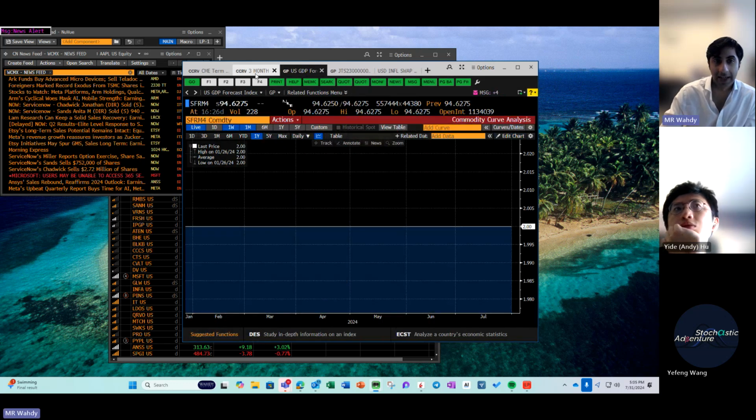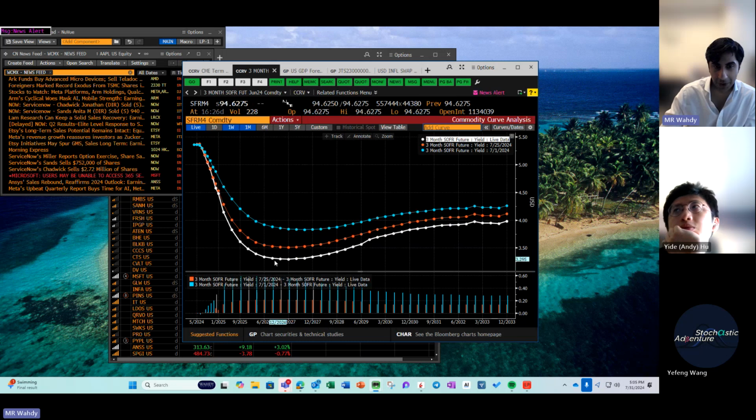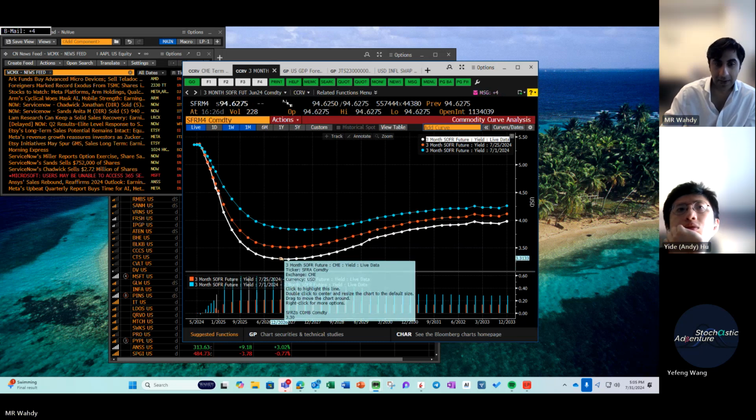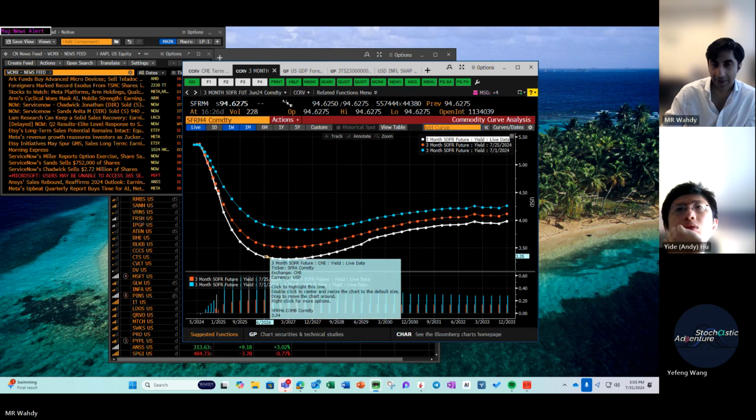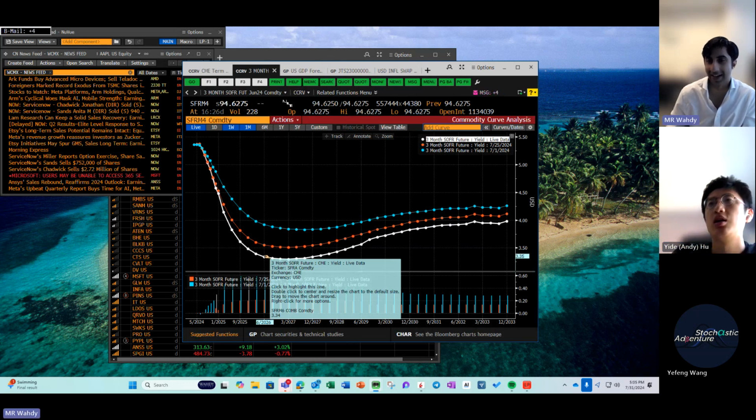Now I take a look at where this is trading. So 2026, this would be 2 years out. So 626A, that's 3.35. So if I do 3.35 minus 2.21, what's now the market implied GDP growth rate in 2026? 1.1. Yeah, exactly.